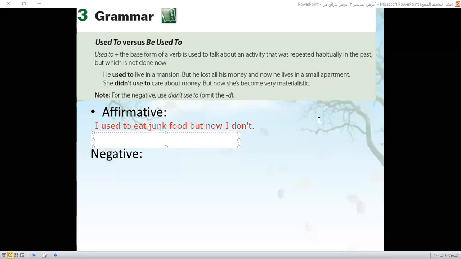Yes, Farah. Can you give me another example using used to? Farah is not answering. طيب أخبرتك يا ثالث عندما أنادي على اسمك ولا تردين يعني لا حضور.